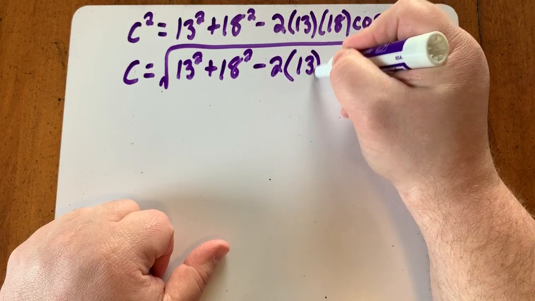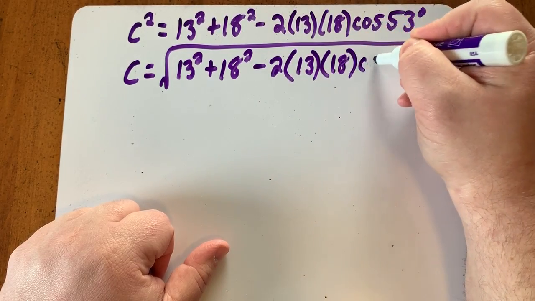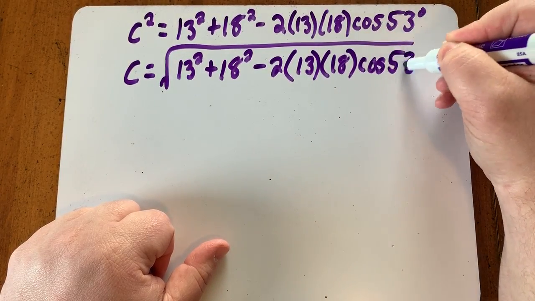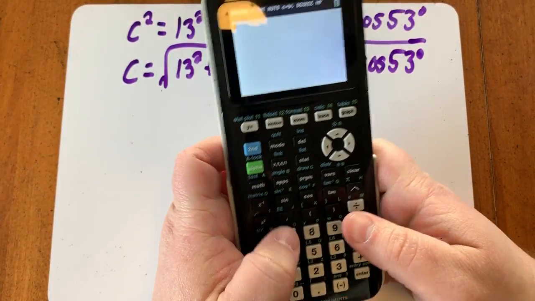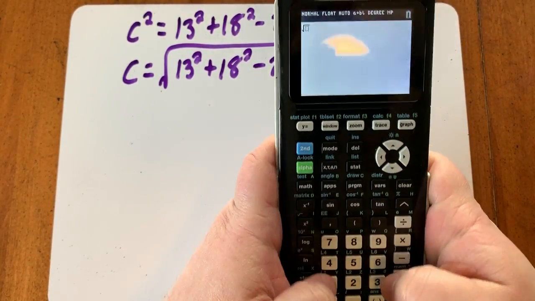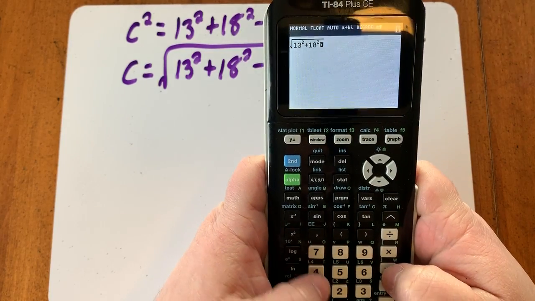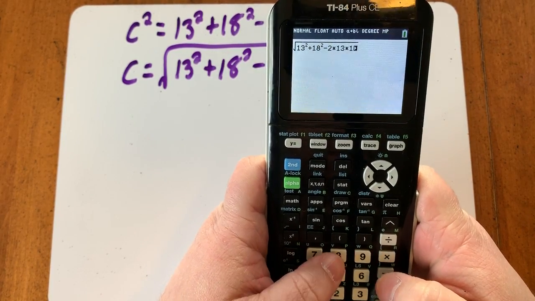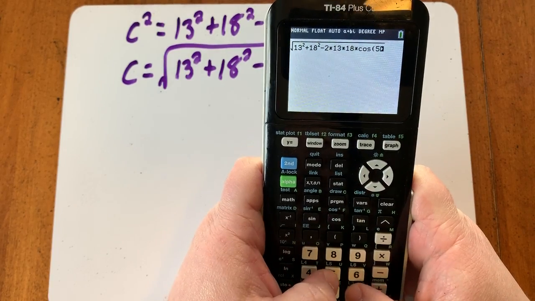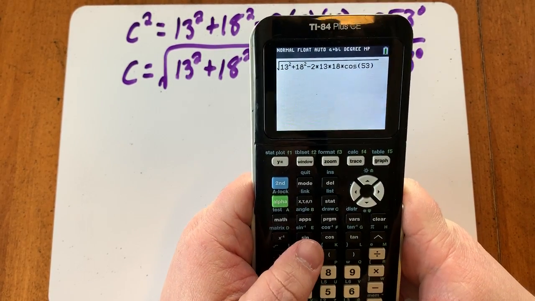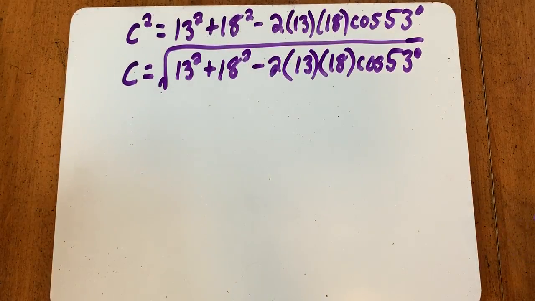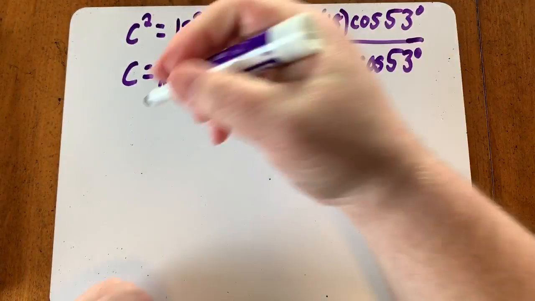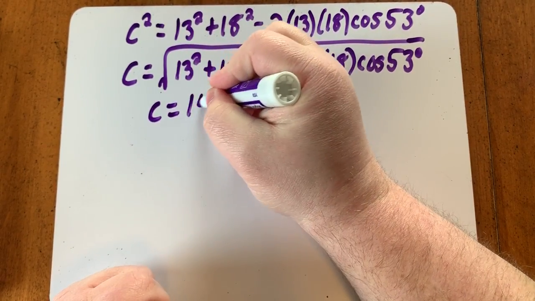So if you can punch this in without any mistakes, then go for it. Square root of 13 squared plus 18 squared minus 2 times 13 times 18 times the cosine of 53. So that's our value, 14.54. C equals 14.54.